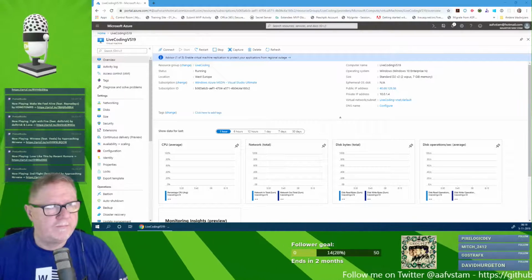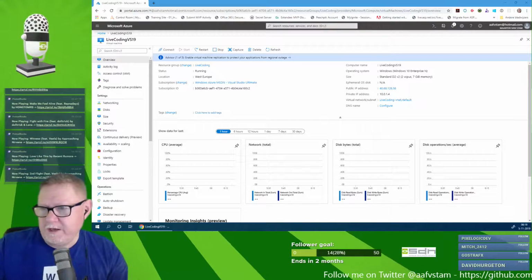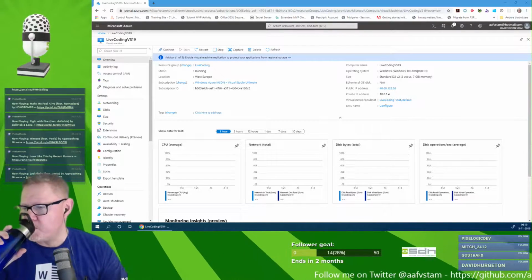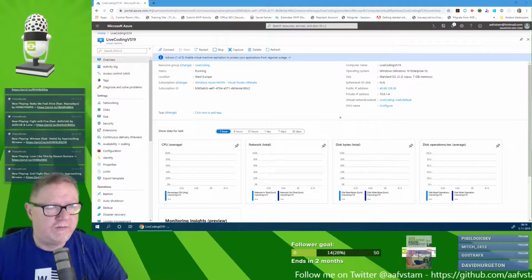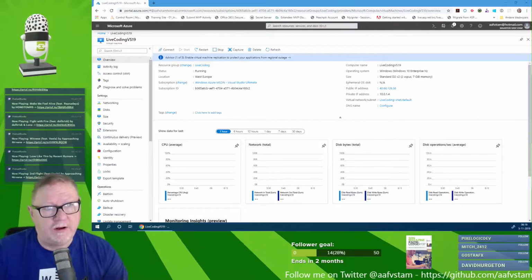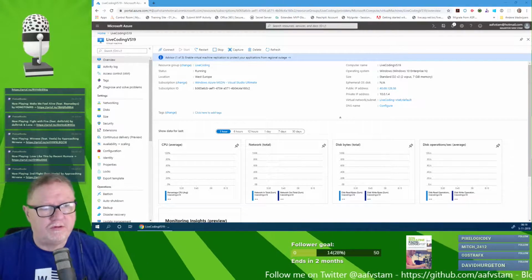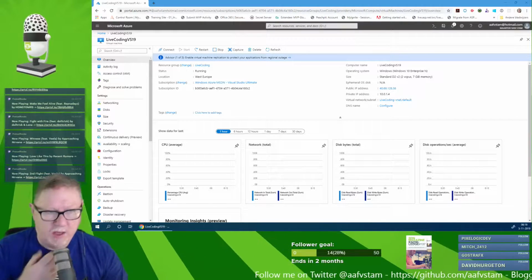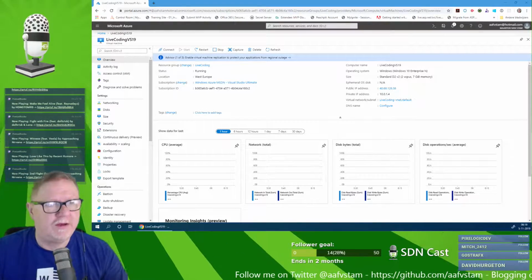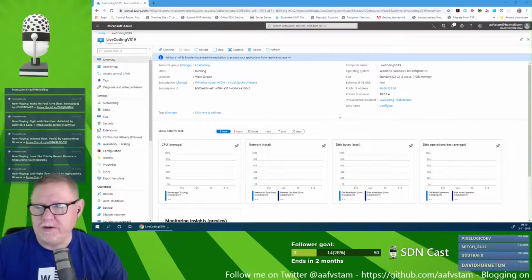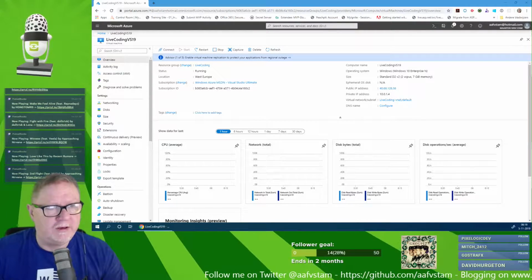Oh, by the way, while we're here, let's discuss Ignite a little bit. As every year, at least for the last couple of years, Microsoft released this book of news, the big PDF where everything that is announced is in. Yesterday there was the keynote of Satya Nadella, and there's a lot of information here.